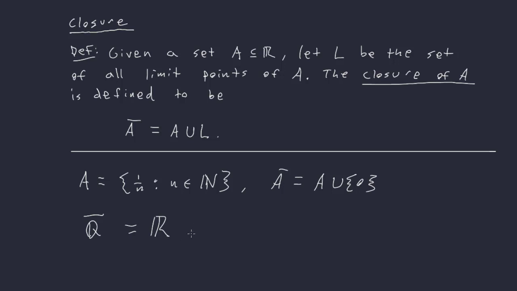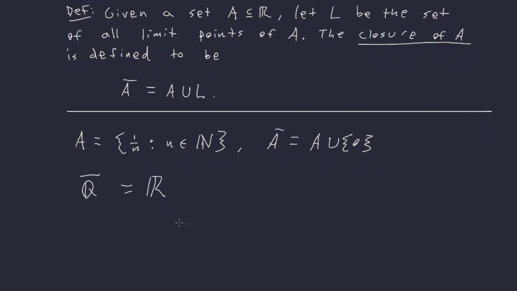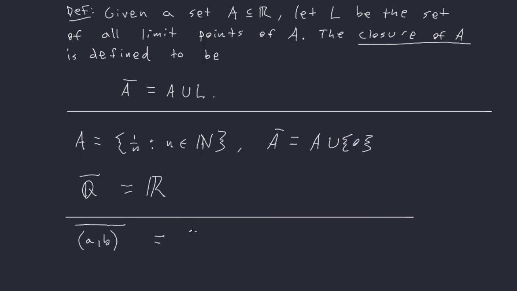Now, I remember when I was first learning about the closure, I couldn't wrap my head around it. Here's basically what it is. If you have an open interval and you take the closure of it, it basically adds in the endpoints. All right, now that's only if you're talking about an interval.